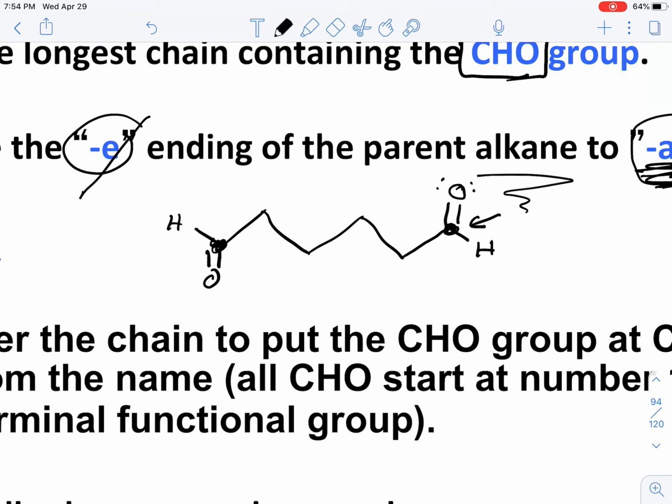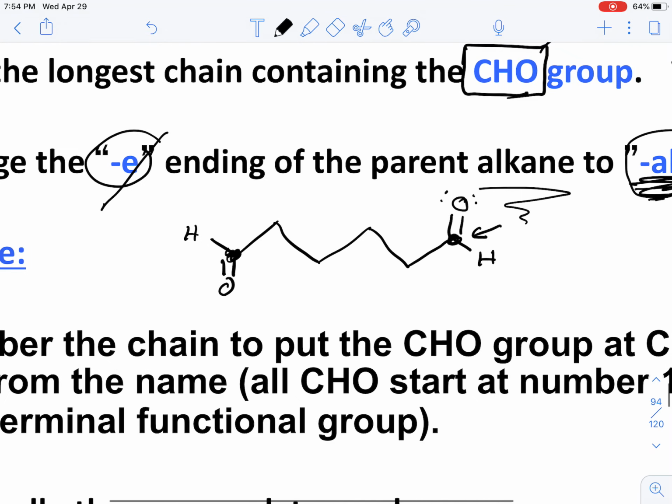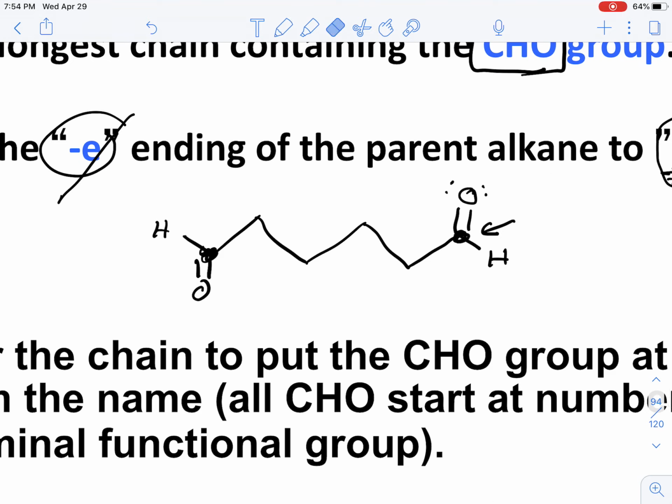And because it's not found in the middle of the carbon chain and it's only found at the very ends, and since we want our functional group to always have the lowest possible carbon number when we're creating our numbering system for our organic compound, that means that the carbonyl carbon is always going to be carbon number 1.